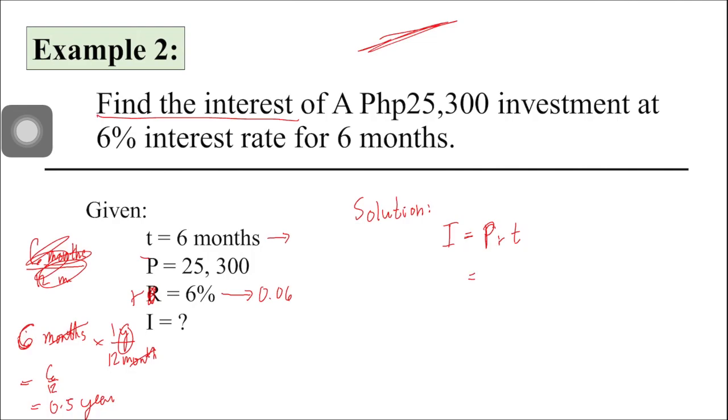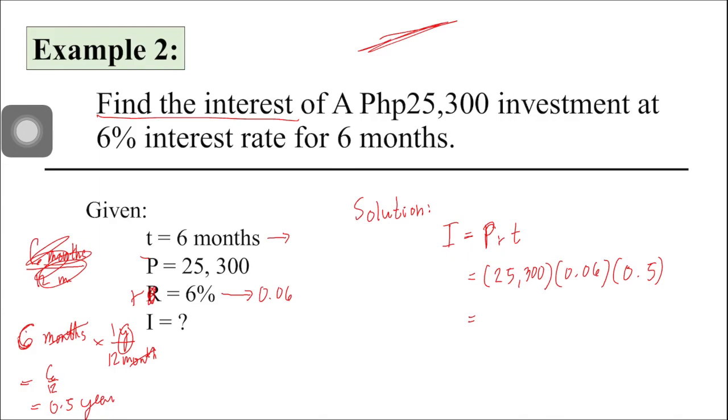Substitute the given: the P is 25,300, your R is 0.06, and the time is 0.5.